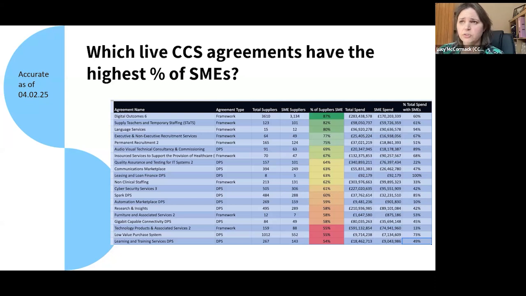So you typically find a lot of agreements for resources, and indeed for technology and digital services, will have a high composition of SMEs. But also you'll see a lot of DPSs, due to the fact that they are more appealing for SMEs to be able to apply to.